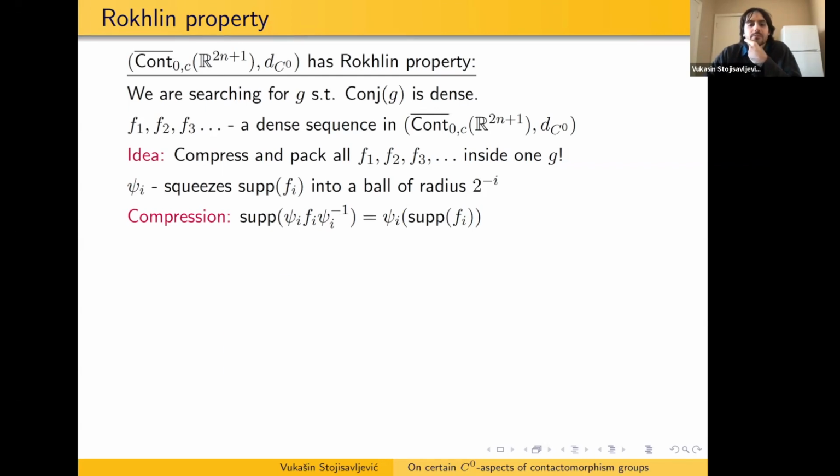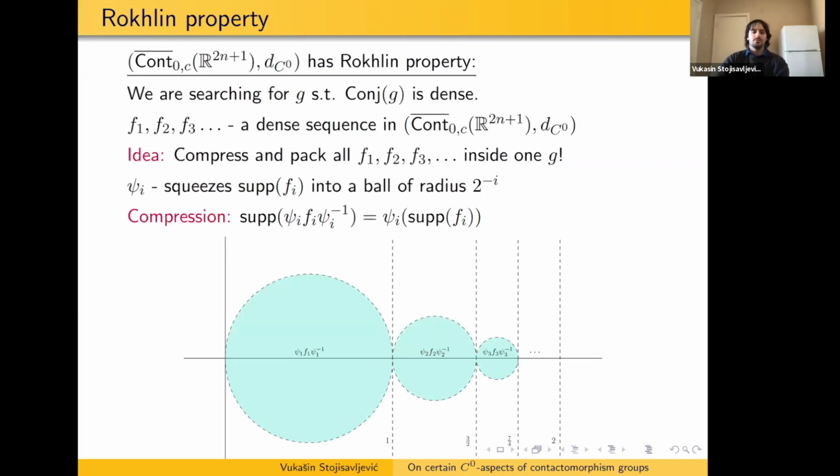And then we can pack our diffeomorphisms as follows. I just drew the picture. In the ball of radius 1/2, we put a compression of f_1. Right next to it, in the ball of radius 1/4, we put compressed f_2. Next to it, we put compressed f_3, and we continue all the way to infinity.